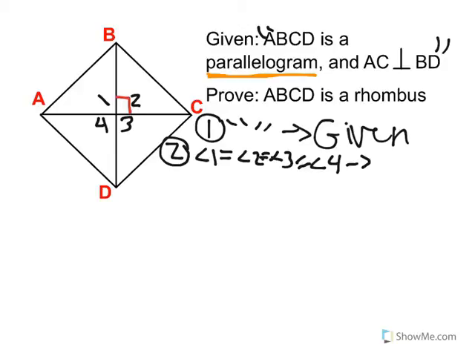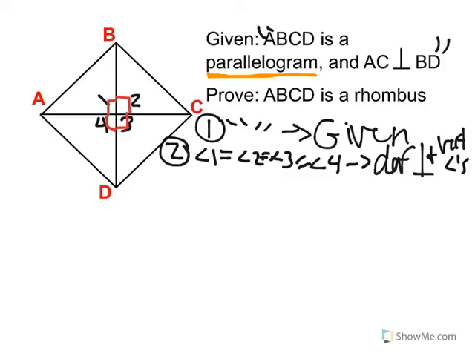And that is because of the definition of perpendicular and vertical angles together. So these are all going to have a right angle symbol.